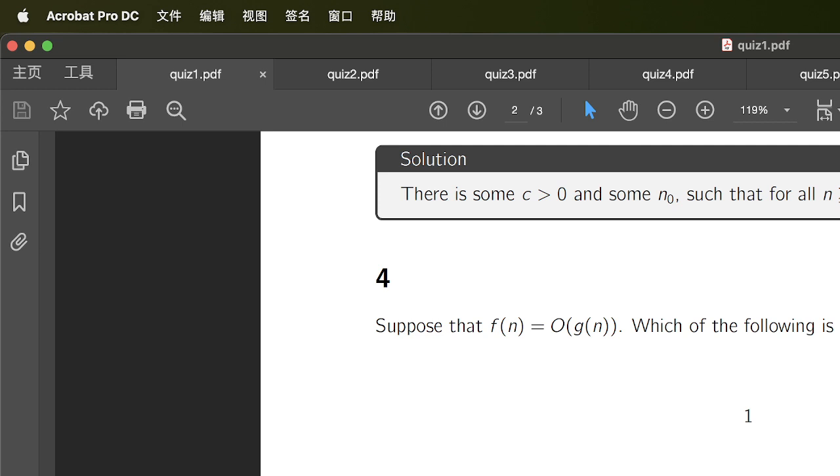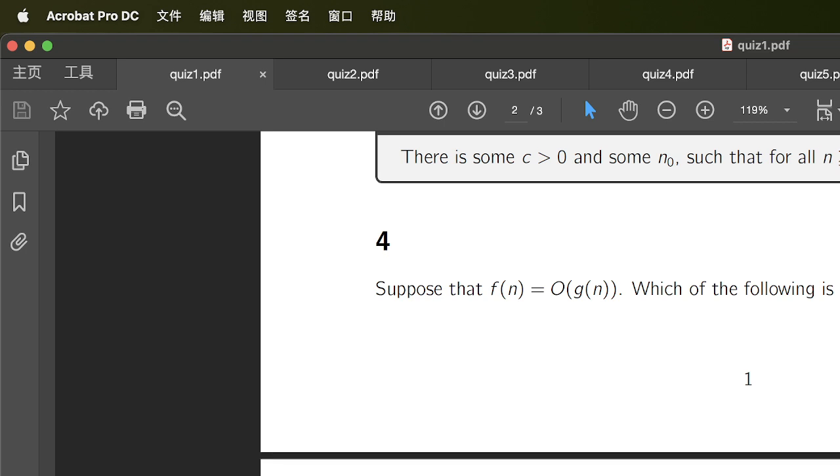For some c and large enough n, and you can apply this here. So this means that g of n is bigger than 1 over c times f of n for large enough n. Because we can divide both sides by c, and we can get this result. And that means by definition, g of n is equal to omega of f of n.